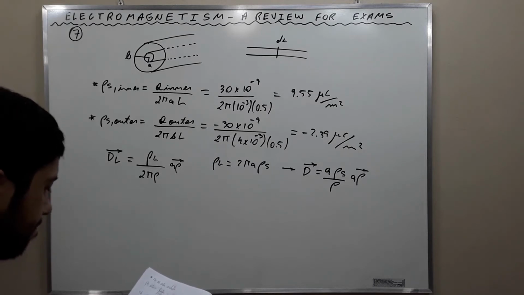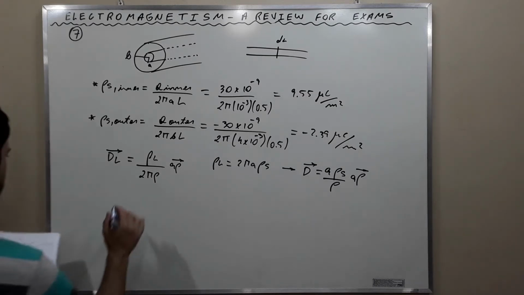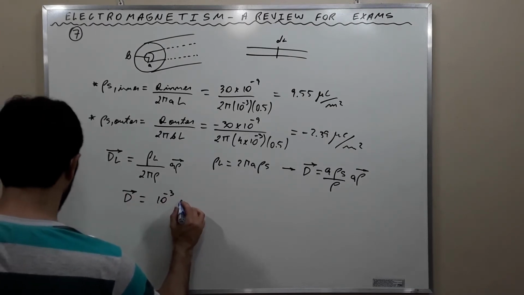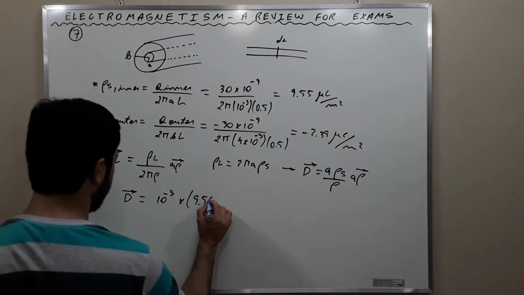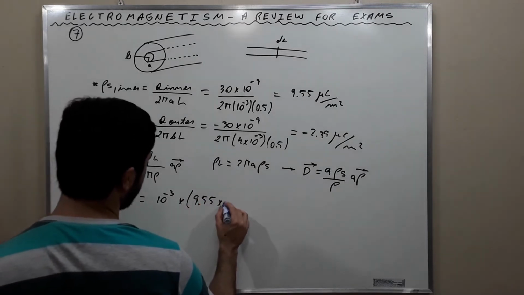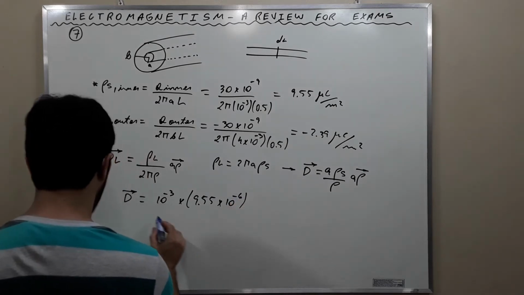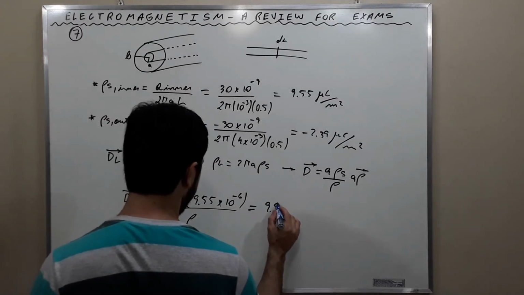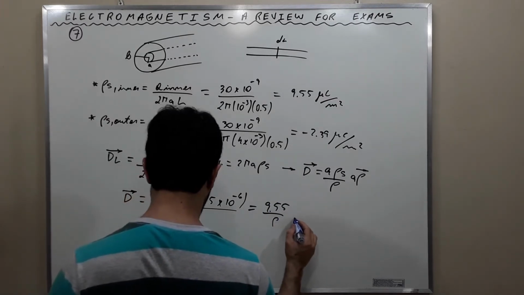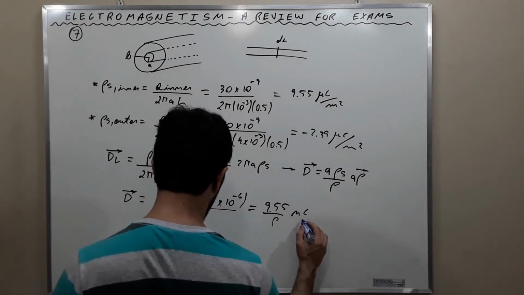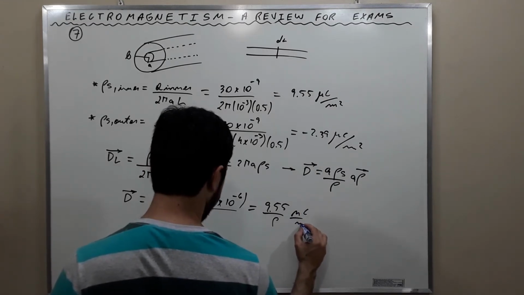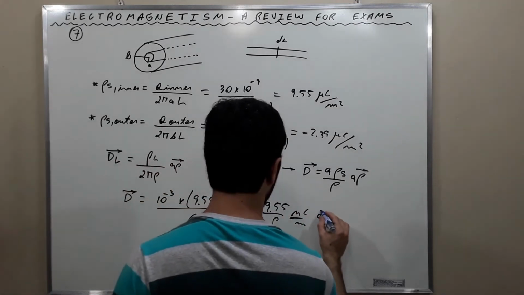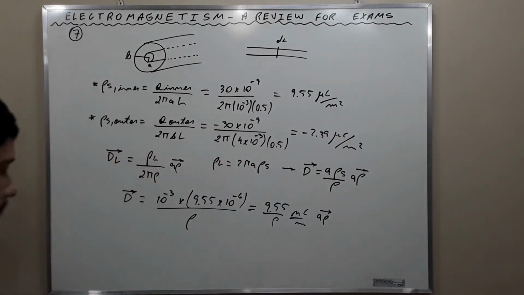Using this expression, we find that D is equal to 10 to the negative 3 times 9.55 times 10 to the negative 6 divided by rho, which is equal to 9.55 over rho nanocoulombs per meter, in the a rho direction.